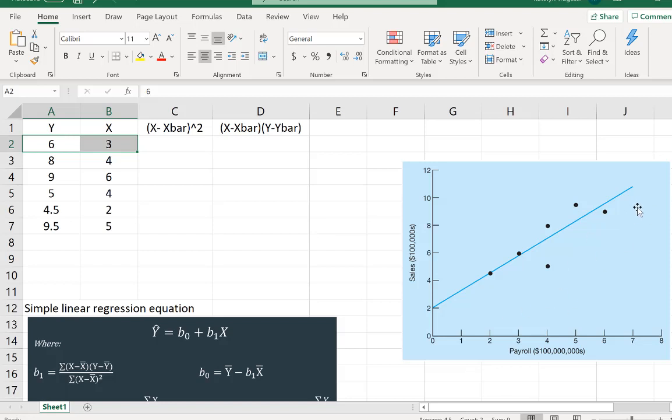This blue line helps us to project future information. If I were given an amount of payroll in the future, what can I predict, project or forecast my sales to be? With this blue line, we want to get that line in there perfectly so that we minimize the error.